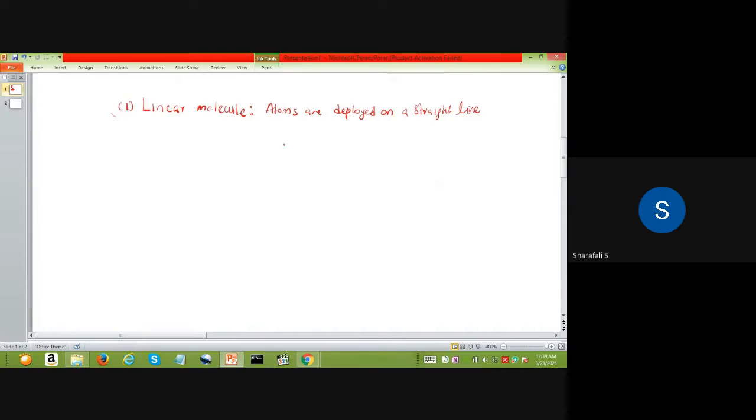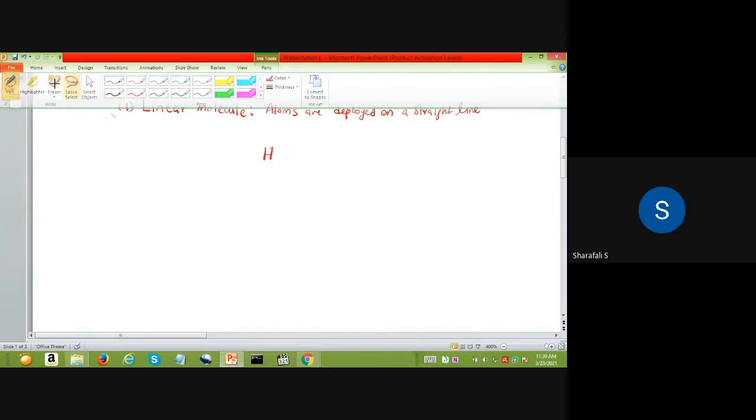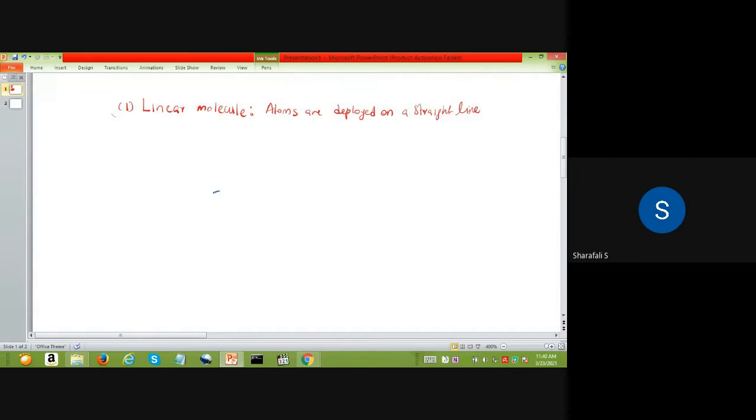If you consider the HCl molecule, its atoms are deployed in a line.